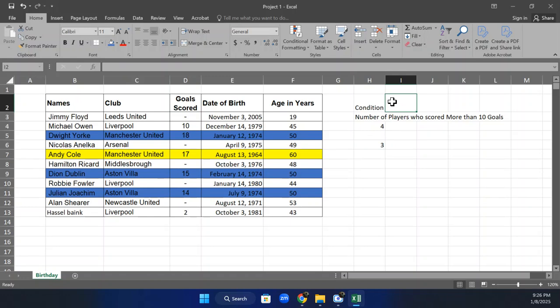So basically that is it for now. Today I actually had in mind the IF function, but yeah, I think COUNTIFS.